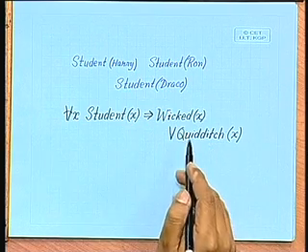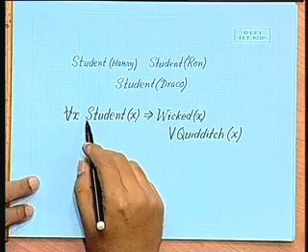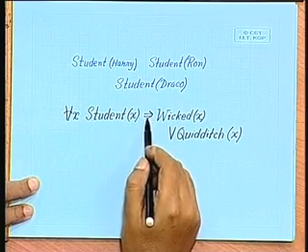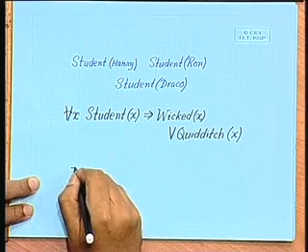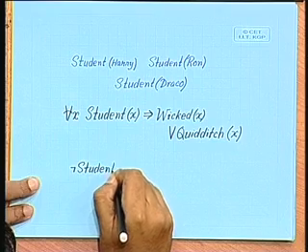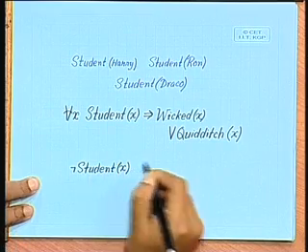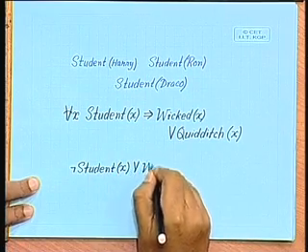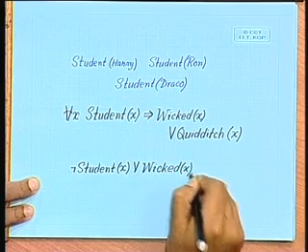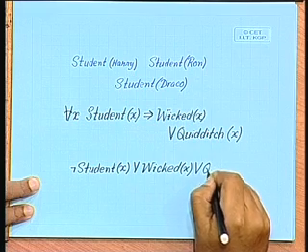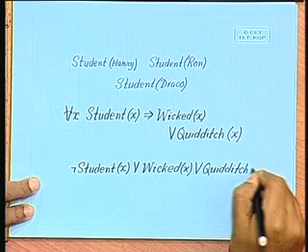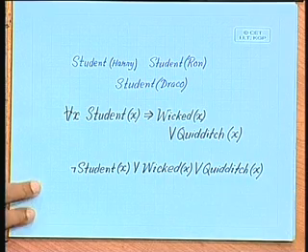So if we convert it to clause form, we will remove this implication. So we will have not student x or wicked x or Quidditch x.